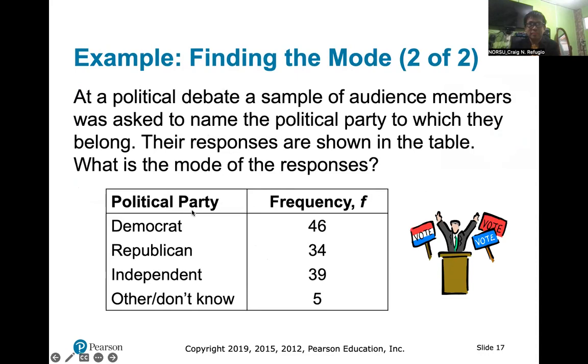So we have political party: Democrat, Republican, Independent, then other/don't know, with the corresponding frequencies 46, 34, 39, and then 5. So if you look at the value of the mode, you refer to the highest frequency. So the highest frequency is 46. So the modal party is Democrat.